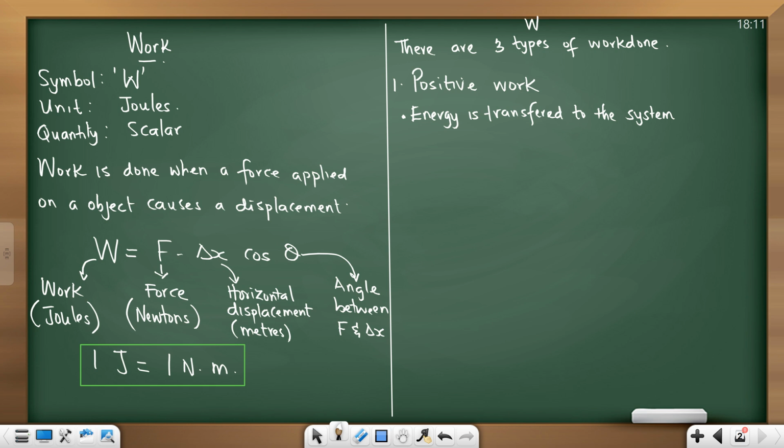I give you all these notes for multiple choice purpose. If that happens, the kinetic energy of the system increases.